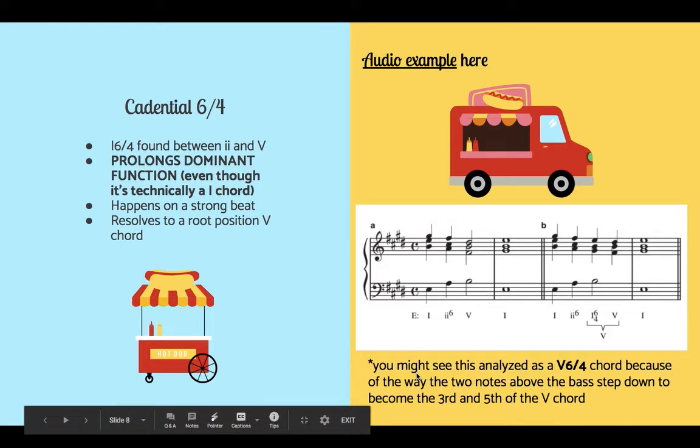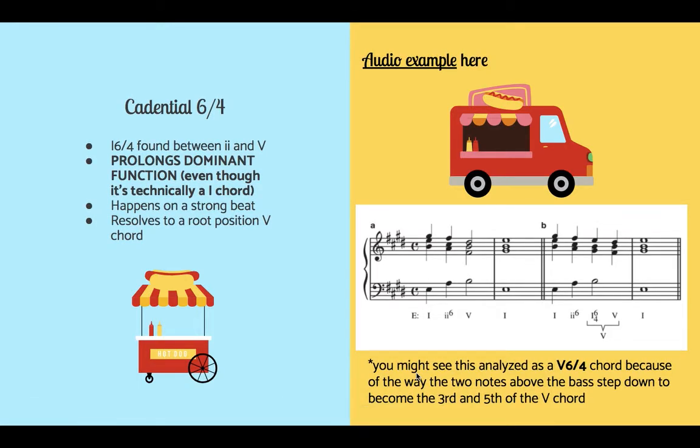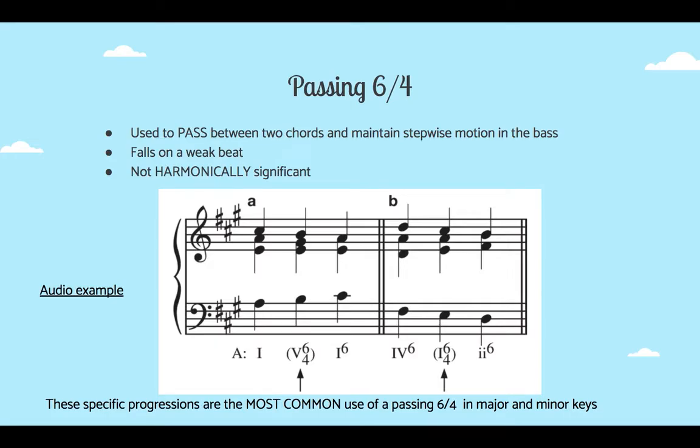So cadential 6-4, probably the most common use for a 6-4 chord. We also have what's called a passing 6-4. It's used to create this sort of interesting stepwise motion in the bass, but to pass between 2 chords that are kind of harmonically significant.